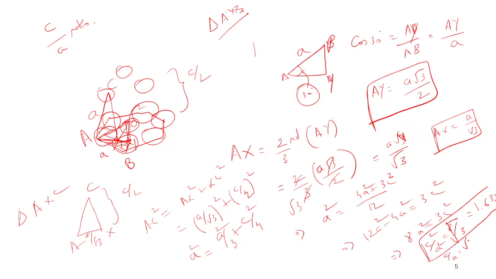So square root of 8 divided by square root of 3. Again, it will be 1.633. Thanks for letting me know that. This is your C by A ratio, and this could be a possible question, right?